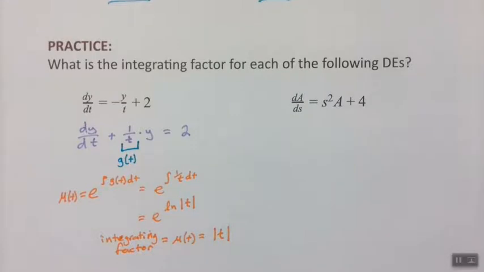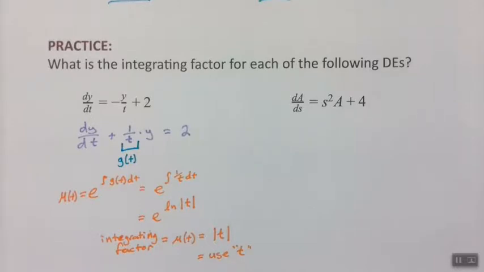And in mathematics, when you run into the integrating factor or anything like this with the absolute value of t, we can just get to this point and say we're just going to use t. And the reason for that is we can treat t as positive. In most cases, when you're talking about differential equations, time is the independent variable, and so we can talk about positive values of t.